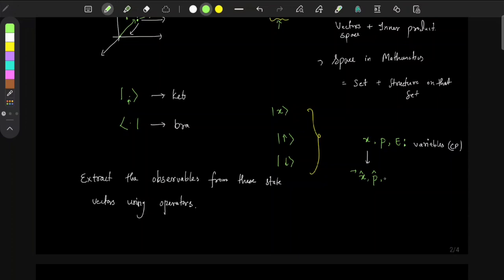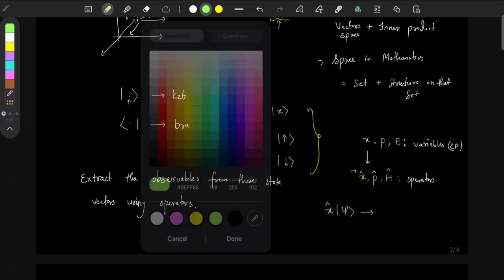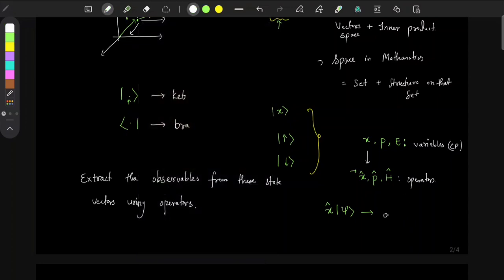This hat symbol represents that they are operators. Here I'm writing H, which is the Hamiltonian operator which gives you the energy. And when you act these operators on these states, this will spit out basically the value of the variable.